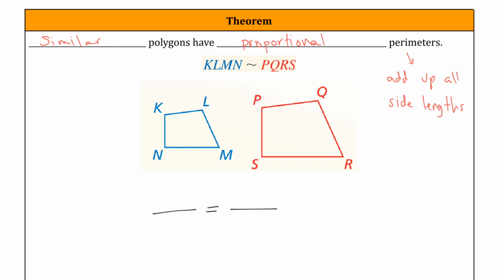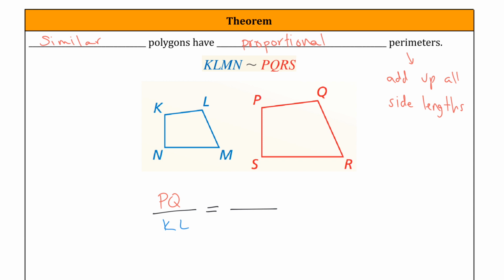So taking a look here, KLMN is similar to PQRS. So because they're similar, we can go ahead and correspond their sides. I'm just going to pick side PQ from the polygon on the right side, PQRS. And side PQ is going to correspond with side KL. So those sides are proportional.